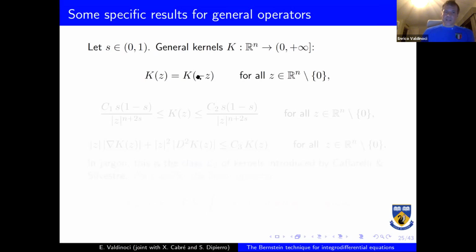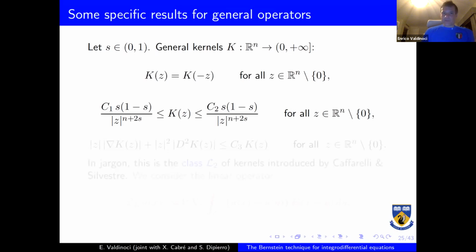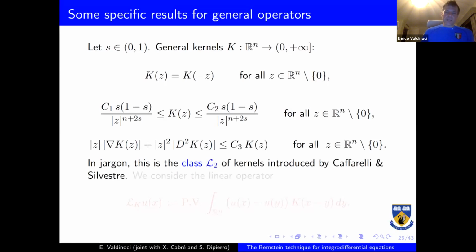So kernels, operators that are built by an integral kernel, which is even, which is bounded from above and from below by the kernel of the fractional Laplacian, and which behaves well together with its first and second derivatives with respect to the kernel of the fractional Laplacian itself. So this is a class of operators introduced by Caffarelli and Silvestre with the name of L2, and somehow they are convenient because you can integrate by parts at least twice.